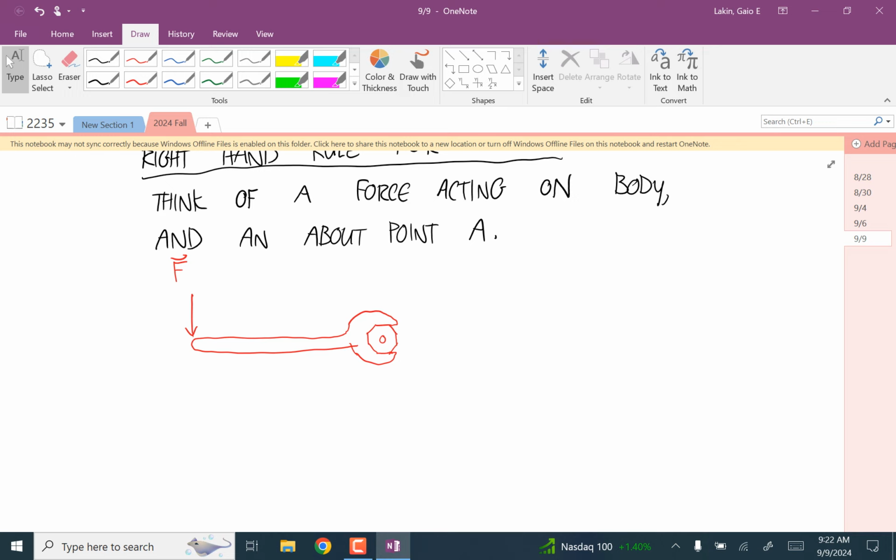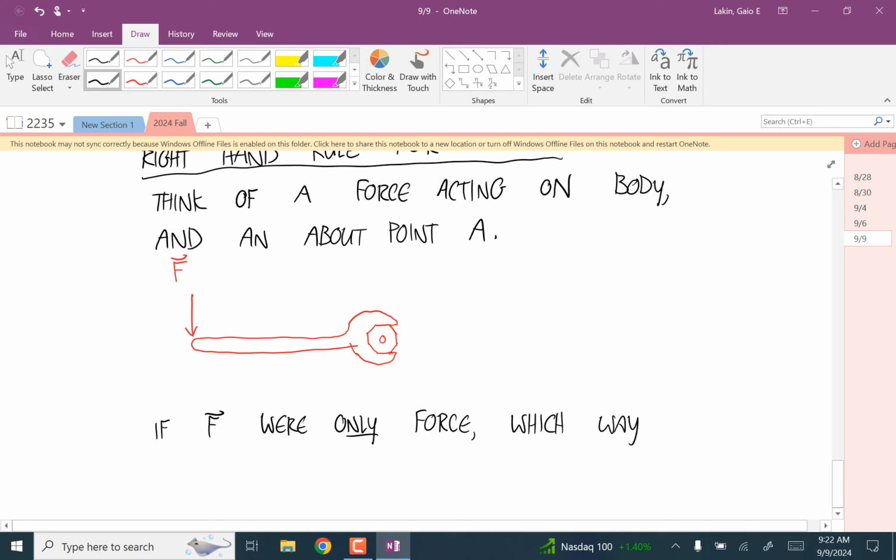Now think about the direction that this thing would rotate if the only force on it were this force. So if F were the only force, which way would the body rotate around A?